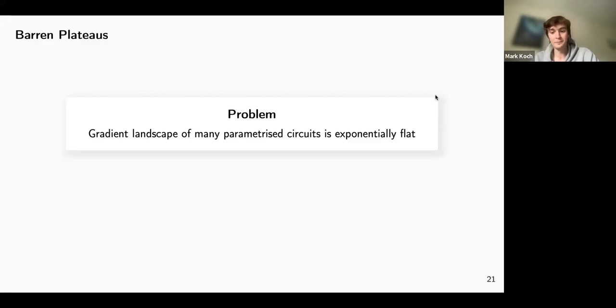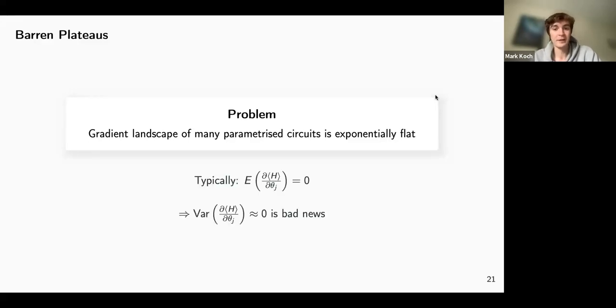On a more formal level, this can be characterized by the variance of the gradient of an expectation value. To see why this is the case, first we can note that for many circuits, the expected value of the gradient is actually 0, which makes quite a lot of sense, because if I start with a circuit and randomly, uniformly pick parameters, I would expect that the gradients also point in uniformly random directions, so the expectation will be 0.